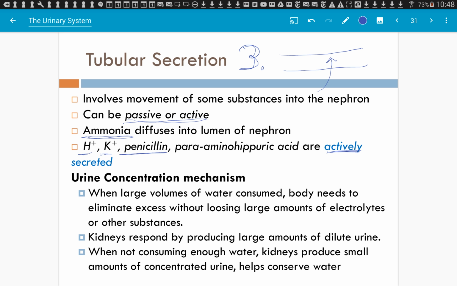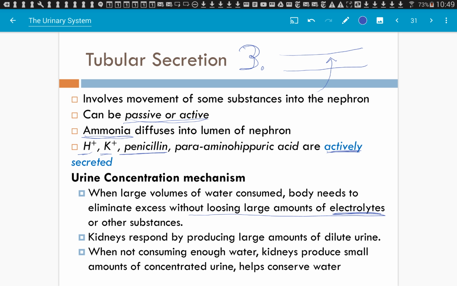And so one of the things that your body has to take care of is getting rid of that excess water without losing really important electrolytes like sodium and chloride and calcium. Those are just a couple examples. We need to keep those, else it's going to throw off our whole osmotic balance in our blood. So we have to get rid of the water and keep the important electrolytes.